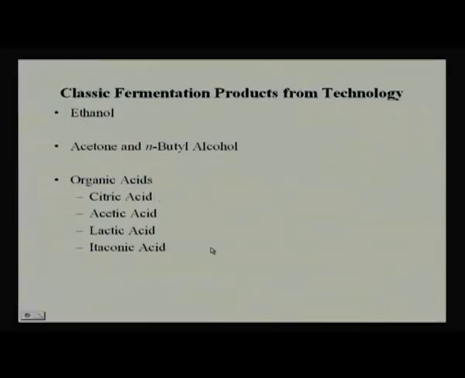When we go for ethanol fermentation, we are mainly talking about edible ethanol, but nowadays ethanol has huge demand as far as biofuel is concerned, and that is the reason ethanol can be produced from different sources.